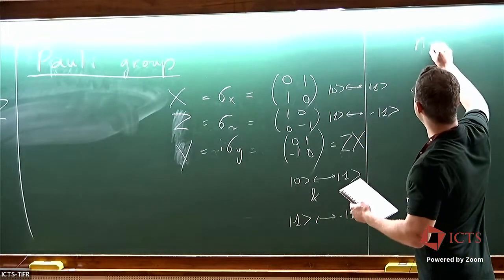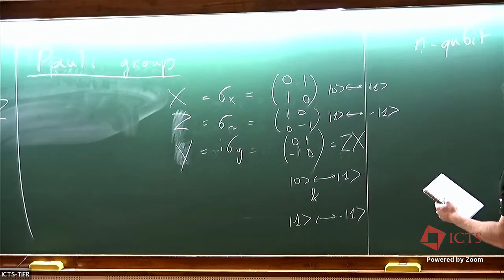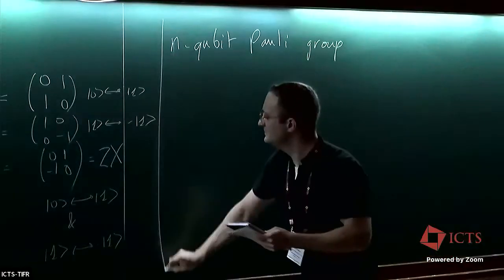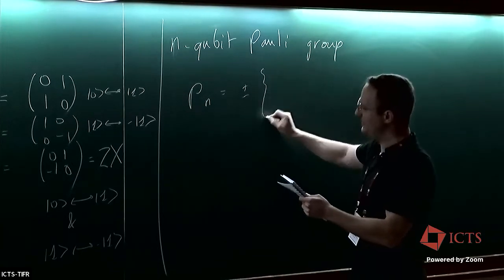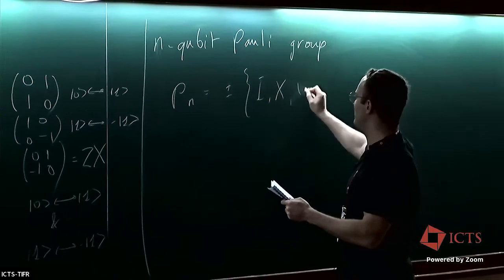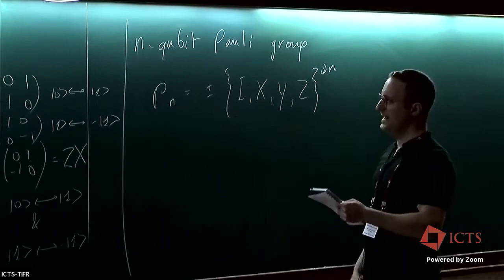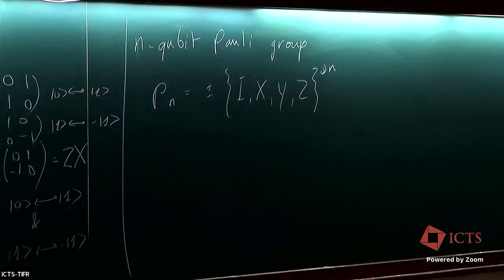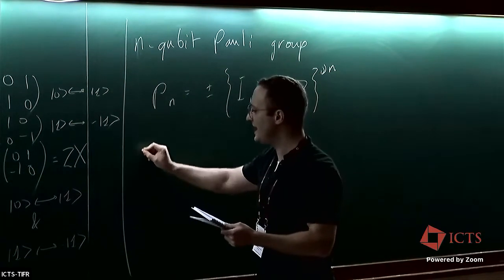We can define the n-qubit Pauli group, a generalization to as many qubits as you like. We write P_n, this group, as plus or minus i, I, X, Y, Z, tensor product to the n. And a very useful fact that you use over and over again is that every element of this group either commutes or anti-commutes.